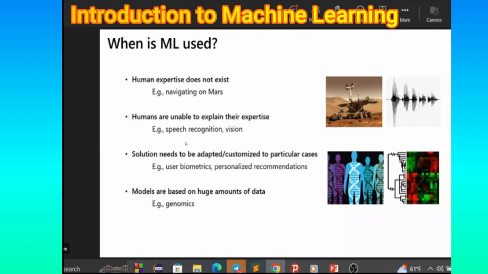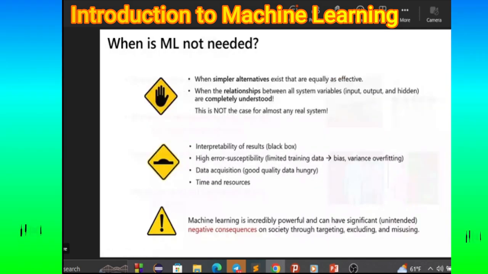But when is machine learning not needed? We have to stop trying to create models for everything, because when simpler alternatives already exist that are equally effective, you shouldn't use a machine learning model.